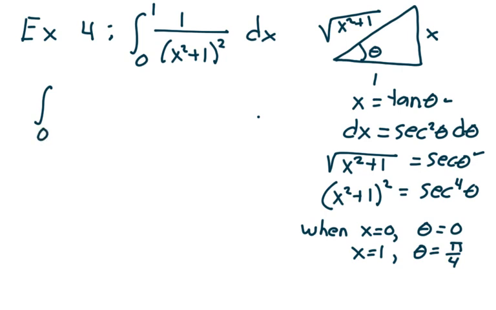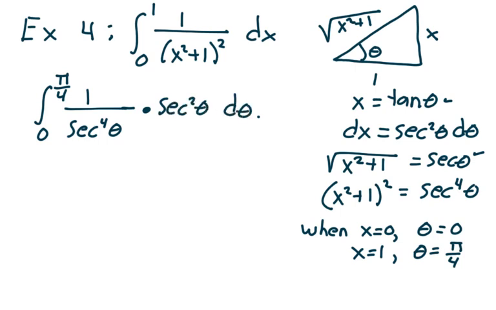So we have the integral from 0 to pi over 4 of. Now we get 1 over secant to the fourth theta times dx, which is secant squared theta d theta.